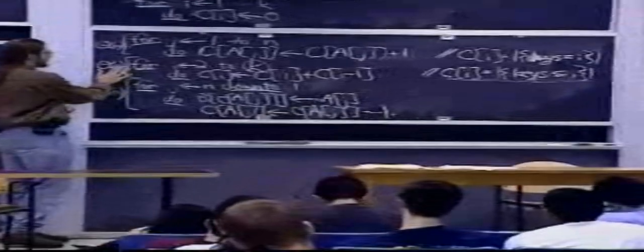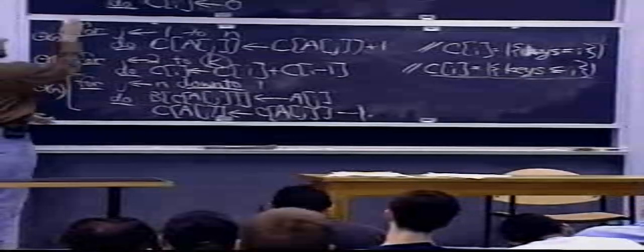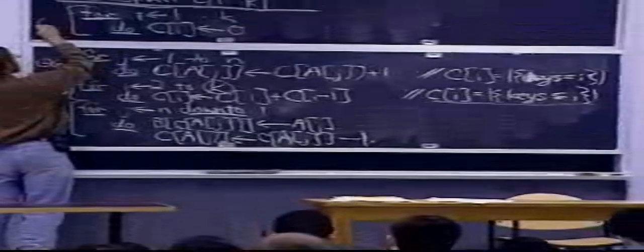So this does not take order n time. It takes order k time. And so does this loop. So what's the total running time? So we don't really know much about k.